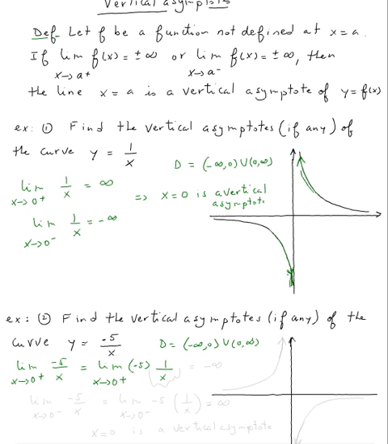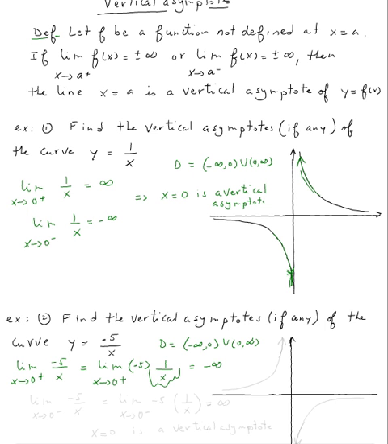Now we know that the limit of 1 over x as x approaches 0 plus is positive infinity from example 1. Negative 5 times a large positive number gives us negative infinity. Right? A large positive number times negative 5 will still be large, but it's going to be a negative number.